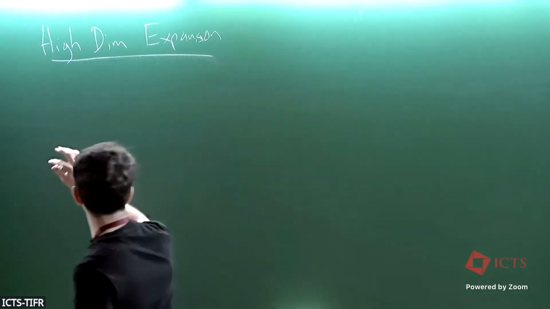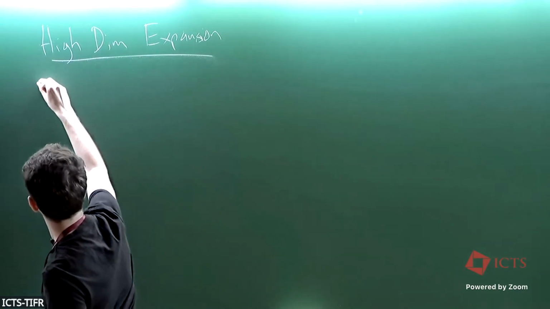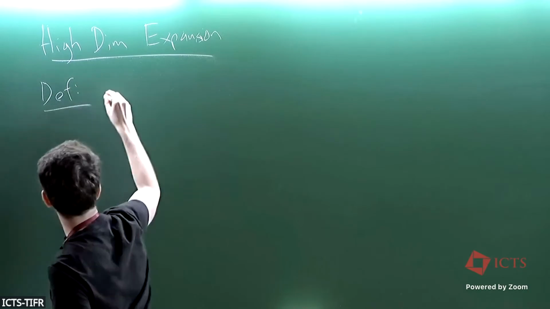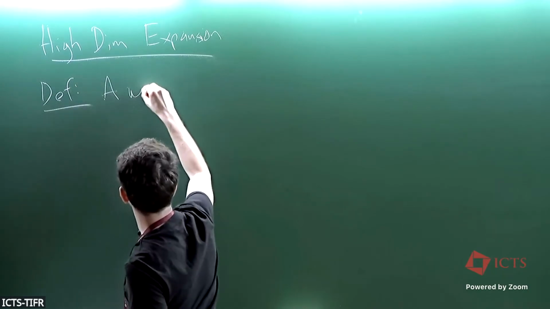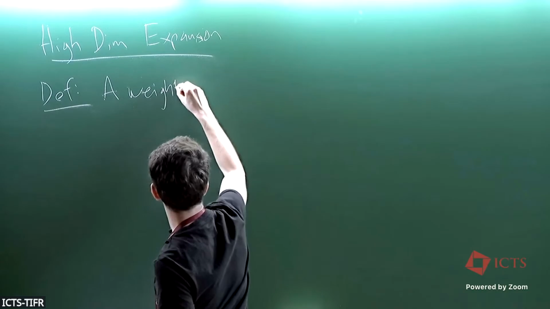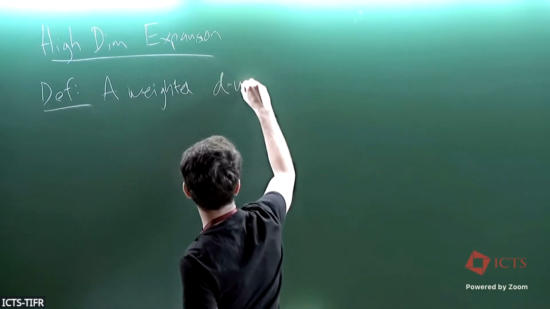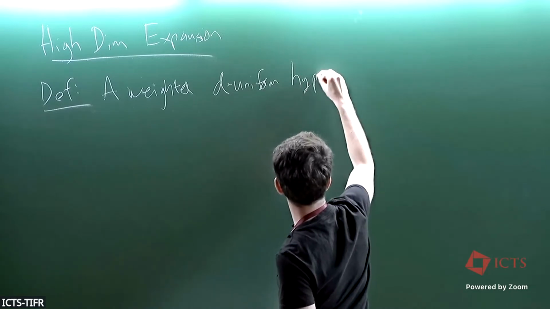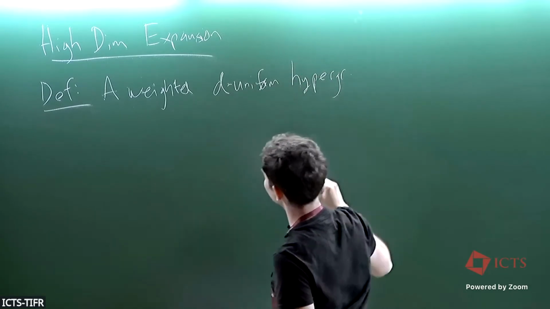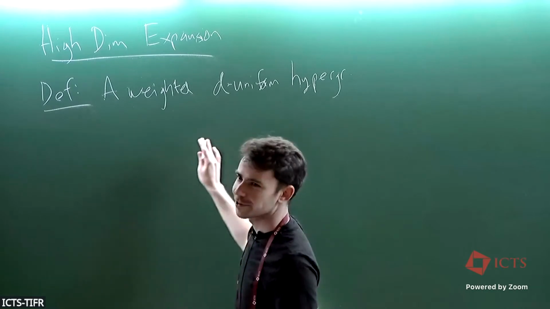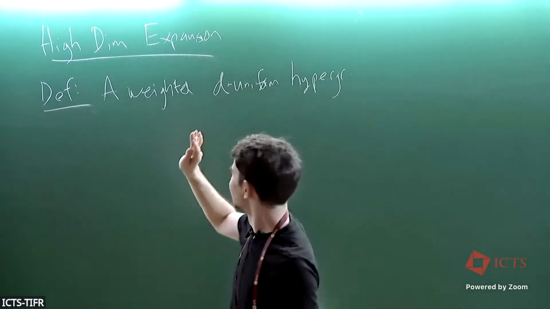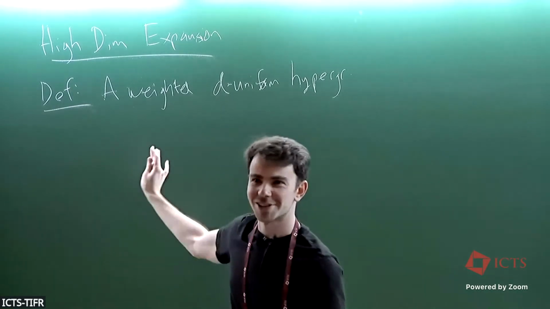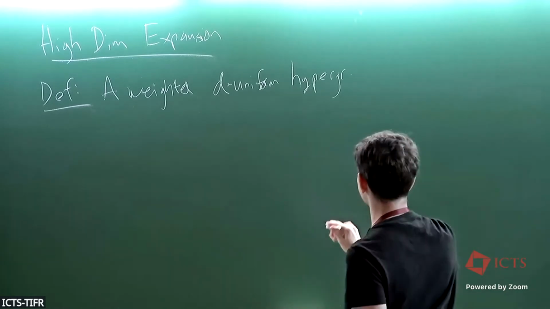So let me remind people what these are. A weighted D-uniform hypergraph. Now you're realizing people used D for degree before, and I'm using it for dimension. So apologies for that. D means dimension for the rest of this.